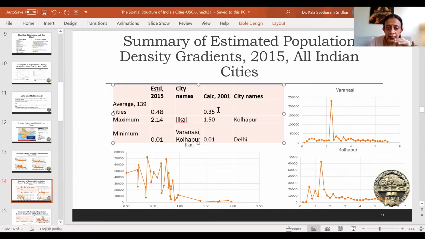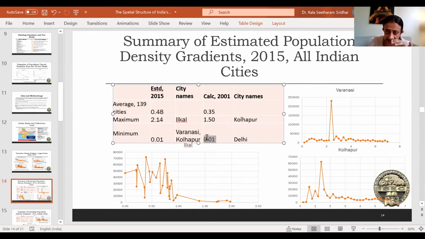So here is the calculated one. What we find is that the maximum with the calculated density gradient is actually a lot lower than it is with the estimated one. However, the minimum is basically the same. I found also that the calculated density gradients have a much lesser standard deviation, which is to be expected, and there's also no confidence interval and no statistical significance.